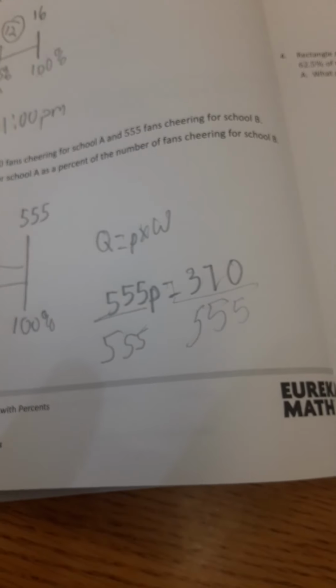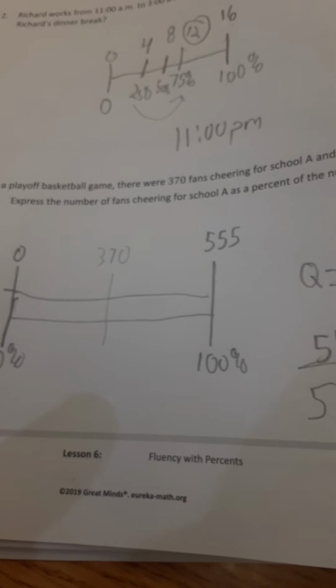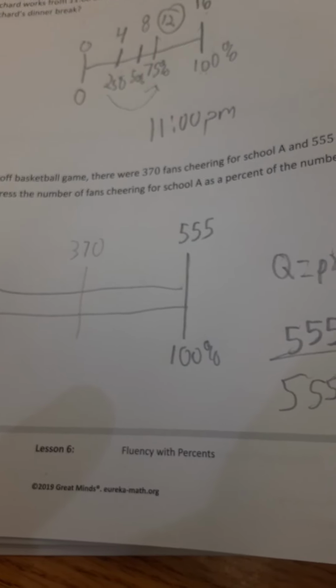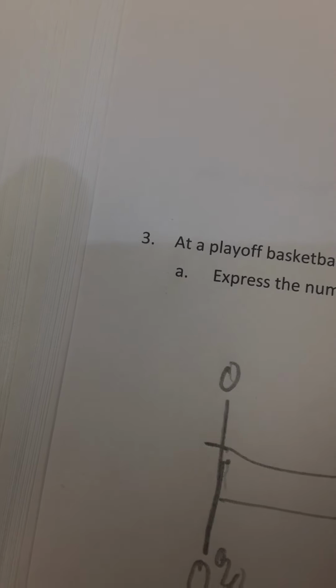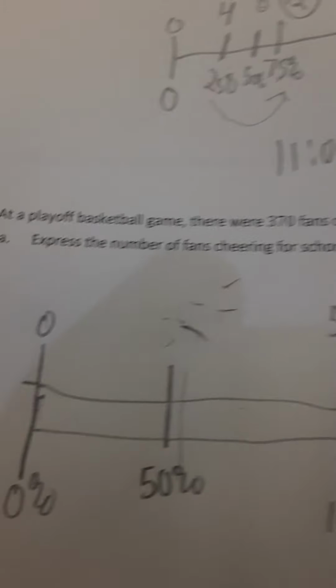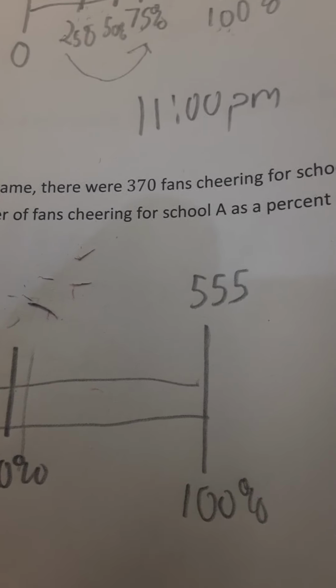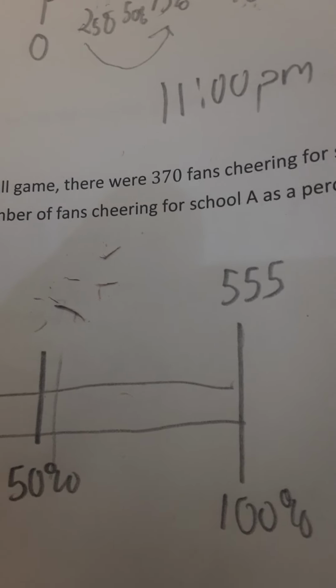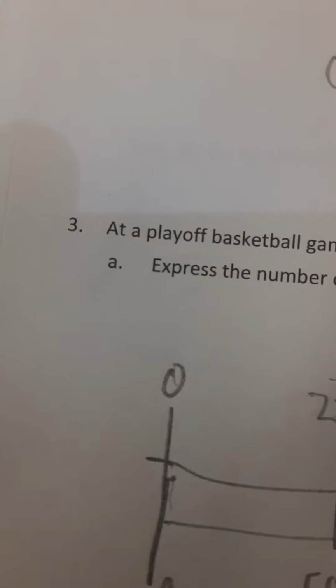Now, think about this. Where would 370 land? Is it going to be less than or greater than 50%? Because 50%, and I'll put 50% right here. Okay, 50% of that is approximately 275, we'll say.